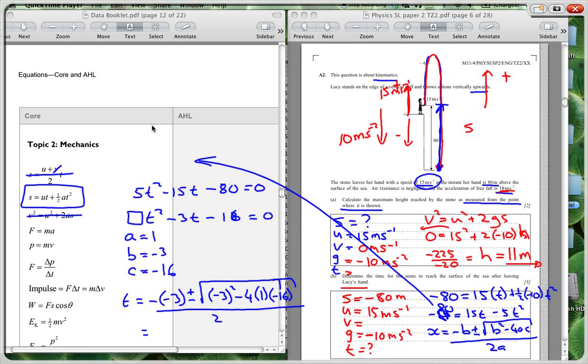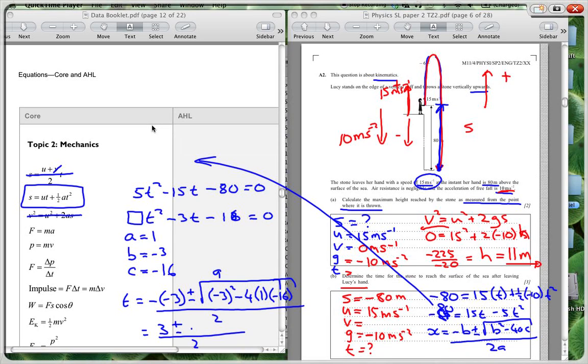So we're going to use our calculators here. This is going to be 3 plus or minus, all over 2, the square root of 9, and minus times the minus is positive, 64, so it's going to be 9 plus 64, the square root of 73.